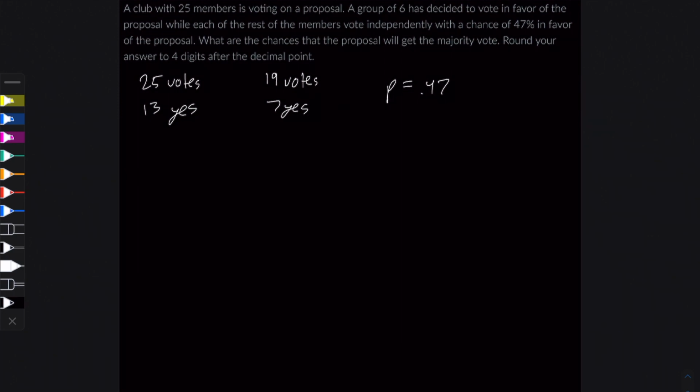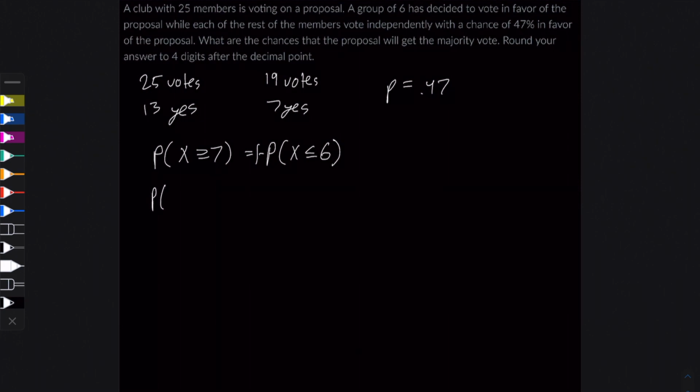So here, we're going to use our complement rule from a while ago in order to make this problem just a tad bit easier on ourselves. So the probability that x is greater than or equal to 7 is 1 minus the probability that x is less than or equal to 6, right? So we have the probability of voting 0 yeses, 1 yes, 2 yes, 3 yes, 4 yes, 5 yes, 6 yes, and then we would take 1 minus that probability to give us the probability of voting 7 or more yeses.